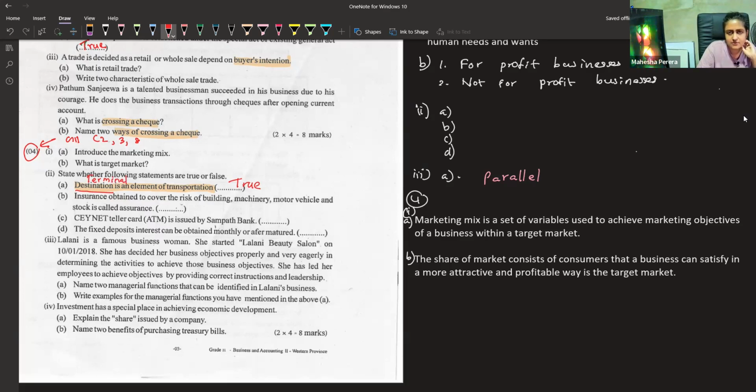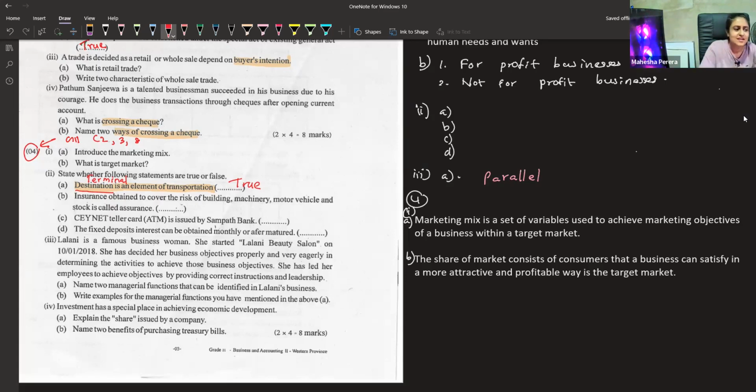What are the elements of transportation? Way, medium, then power and also terminal. The terminal is where the medium is handled, where it is stopped. The transport medium means the vehicle, and the place where the vehicle is stopped can be the destination. So destination here is meant as terminal. Anyway, they say it's true.